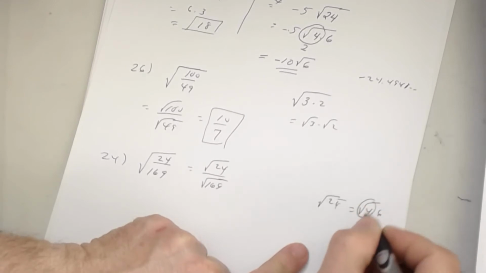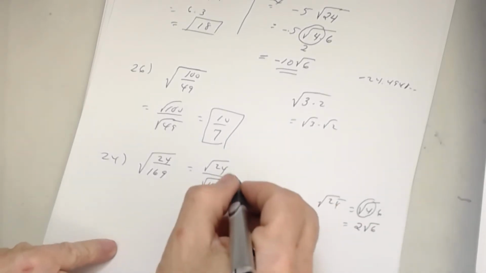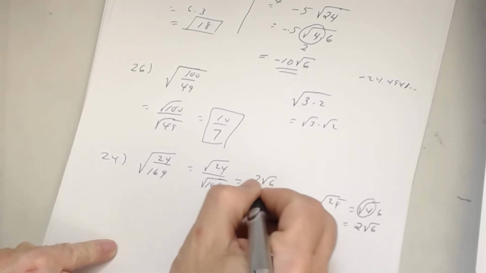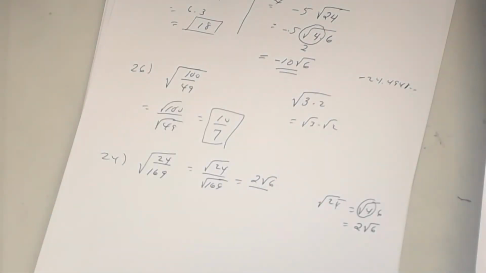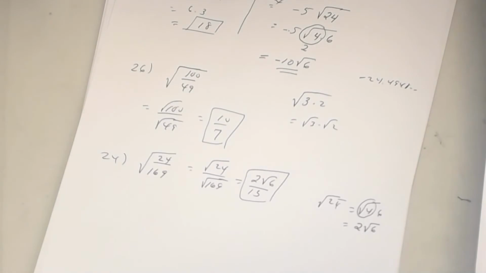What's the square root of 4? So what is the square root of 24? 2 square root of 6. So that's your numerator, 2 square root of 6. What about the denominator? What's the square root of 169? 13. So you're done. That's your answer. You can't go any further. But see how we broke it down? The square root of the numerator divided by the square root of the denominator.